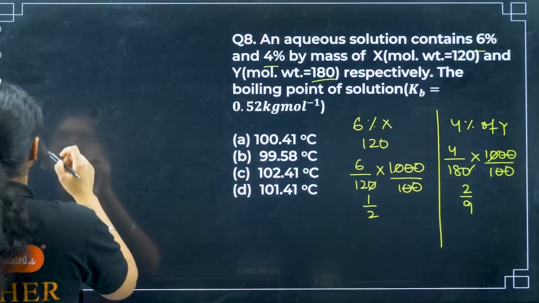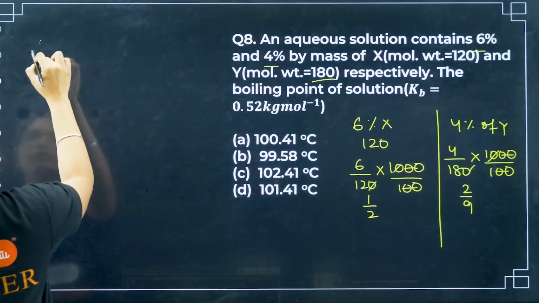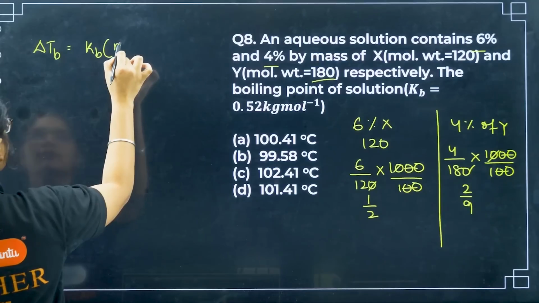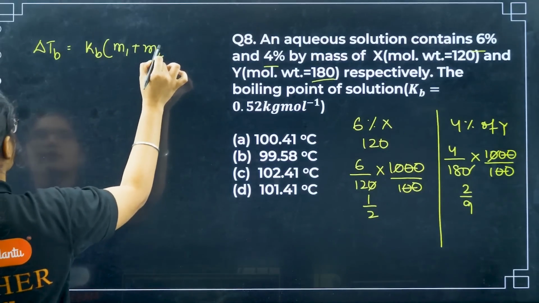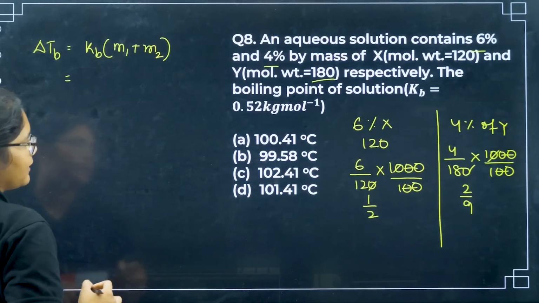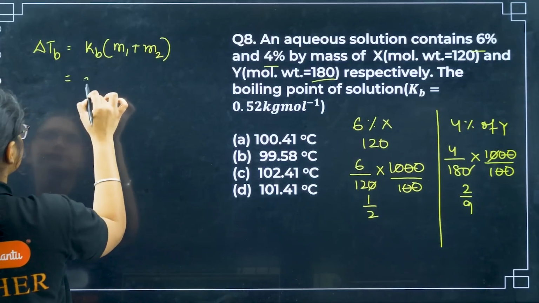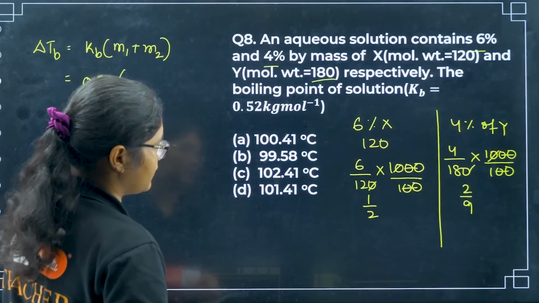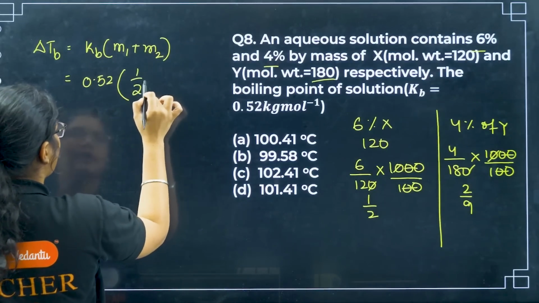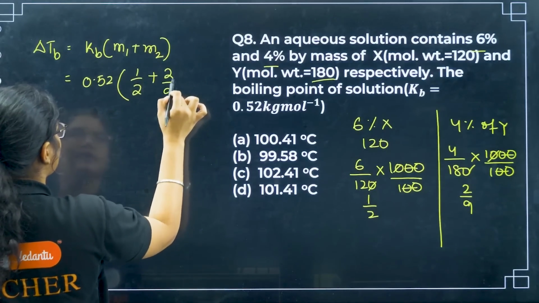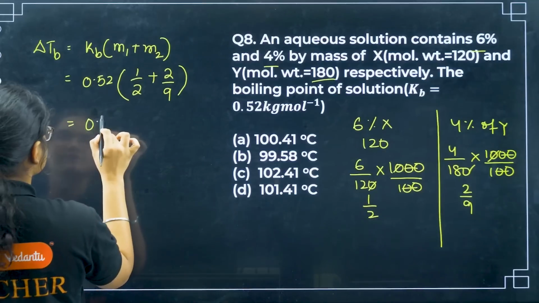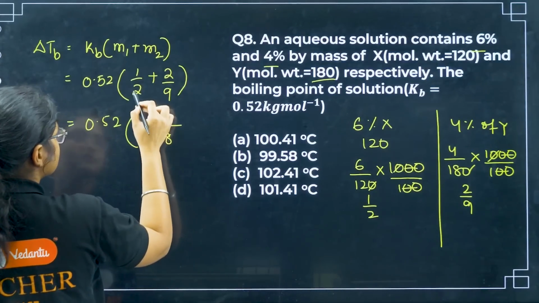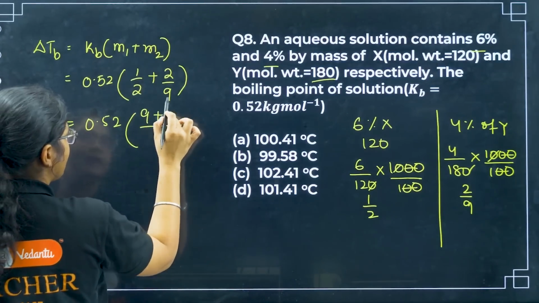Now I can use this formula, delta TB is equal to KB into M1 plus M2. What is the value of KB here? 0.52. M1 and M2 values are 1 by 2 and 2 by 9. For simple calculation, let us quickly take the LCM as 18: 2 9s are 18 and 9 2s are 18.